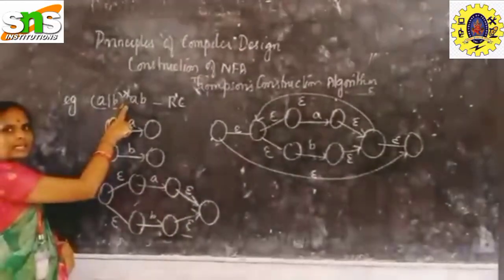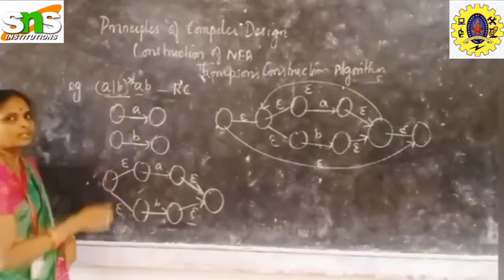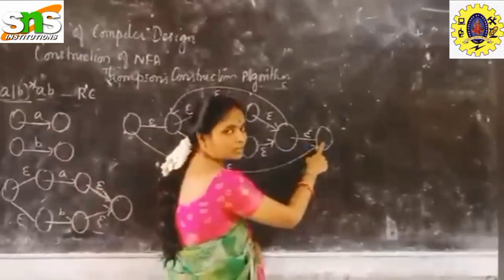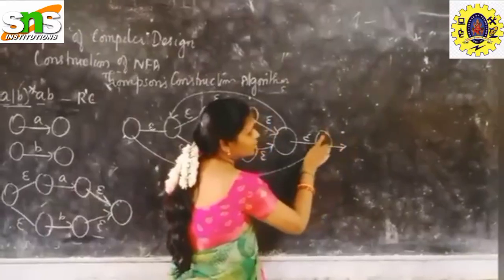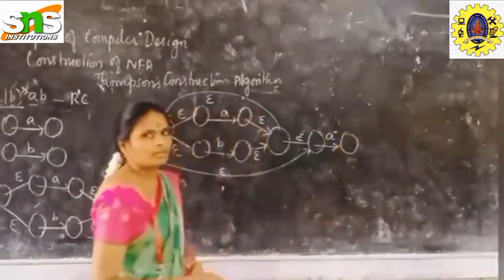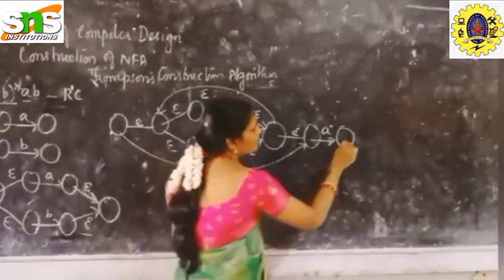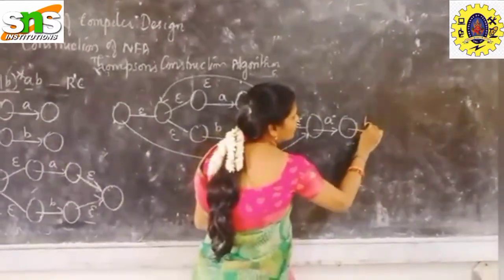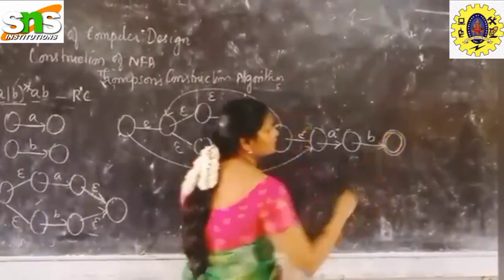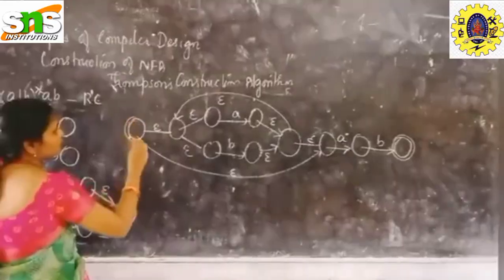Now there is a concatenation operator, taken with the A slash B whole star and A. The final state of the previous expression becomes the starting state of the next one, which should be combined for A. Next, we have another symbol B on concatenation. This becomes the final state because there are no more symbols here.